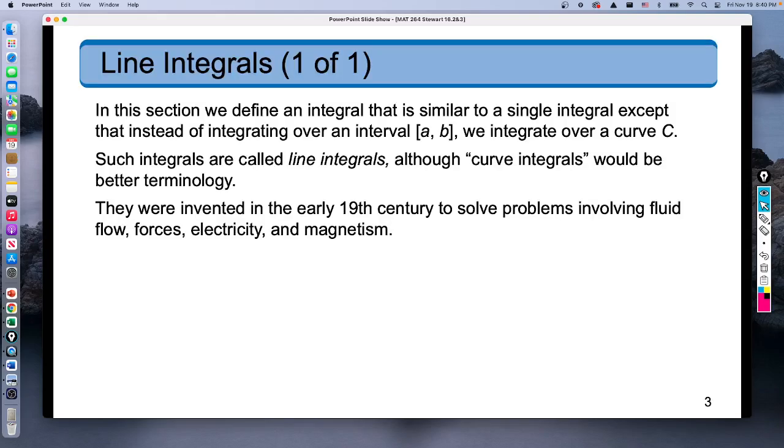Okay. So line integrals, this is what we've kind of been doing before. They could be one-dimensional, as we're going to see. We can get into two and three-dimensional integrals as well.